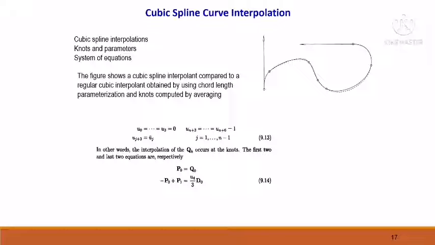In other words, the interpolation occurs at the knots. The first two and last two equations are respectively mentioned here for the knots. This figure shows the cubic spline interpolant compared to the regular cubic interpolant obtained by using chord length parameterization and knots computed by averaging.